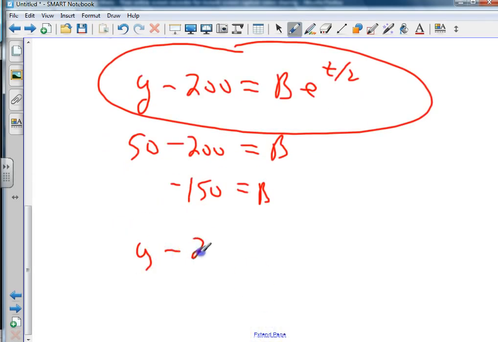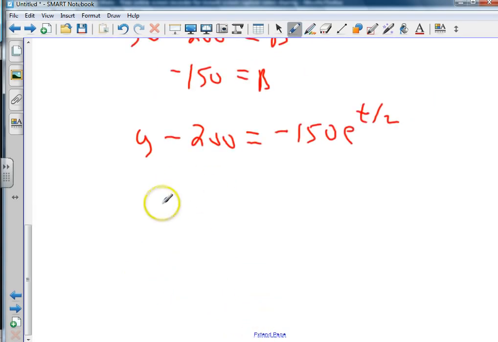y minus 200 is negative 150 e to the t over 2, which is fine, but can't you get y alone? How do you get y alone? Add the 200. So how about I write it this way? y is 200 minus 150 e to the t over 2.